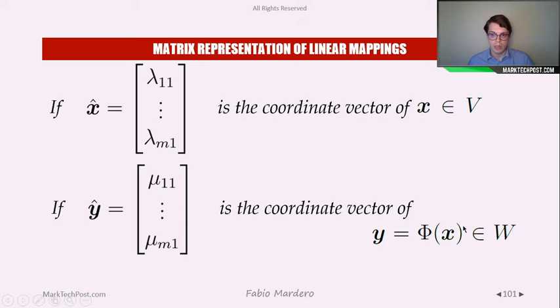Then we take the image of x under phi, which is y. This vector could be represented with the basis C and some coefficients. These two are said to be coordinate vectors.